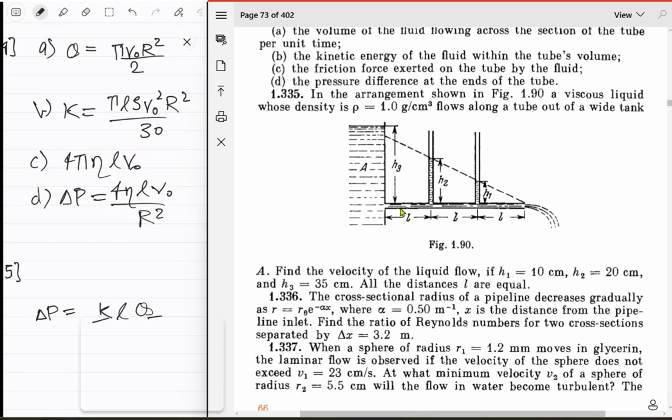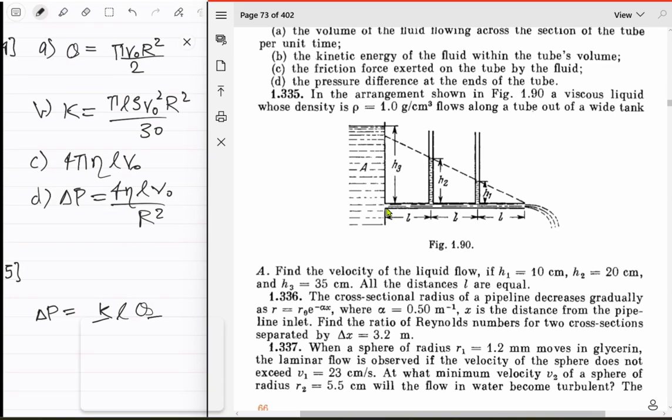Maybe there is some kind of stream along which you can apply Bernoulli's equation. Who knows? Might be the case. No, that's not right. You can't do it anywhere. So you can't apply Bernoulli's equation. How am I going to get this in that case? We don't know what's happening at the very start, unfortunately.